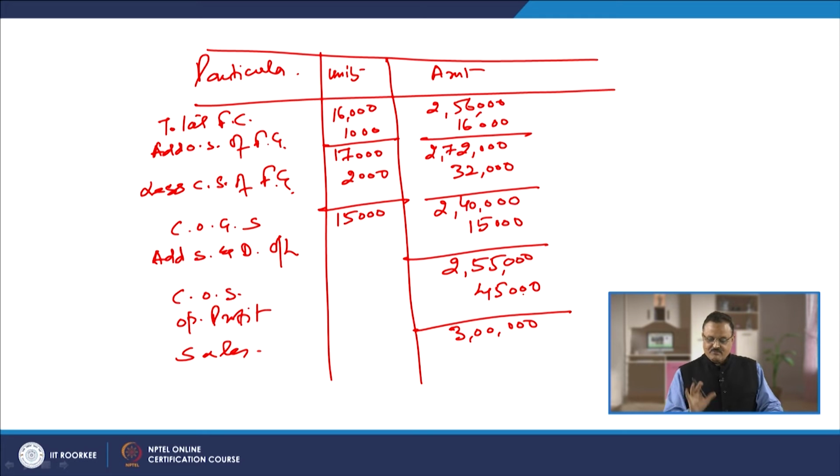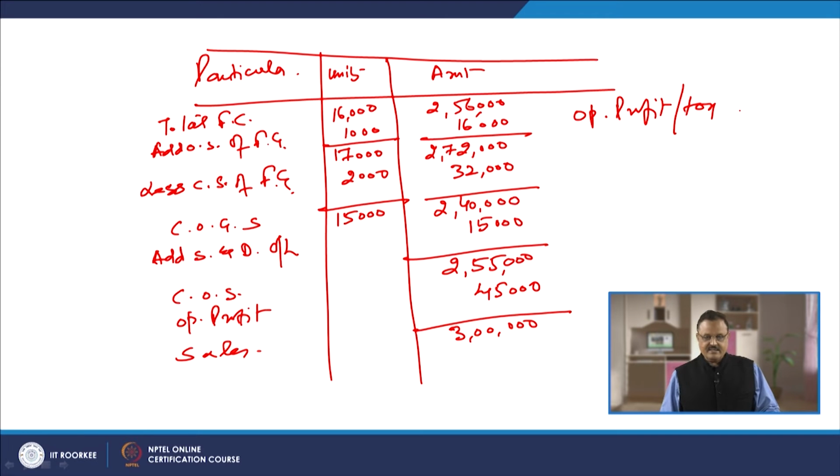Now, you are given the per unit information, and the total amount for the total production, the total cost of the goods to be sold or the cost of sales, is 255,000 rupees for 15,000 units. So operating profit in total is 45,000 rupees. And what is the operating profit per ton, or per unit?